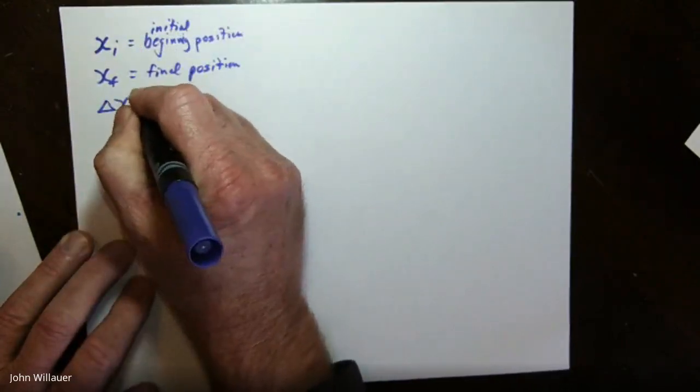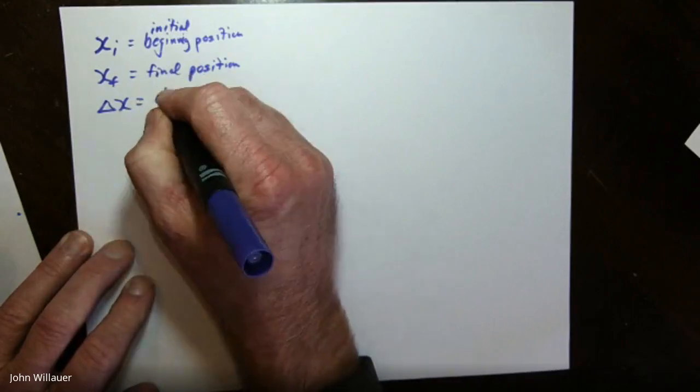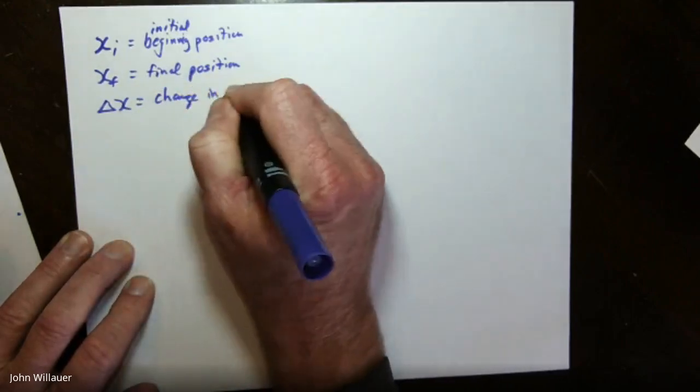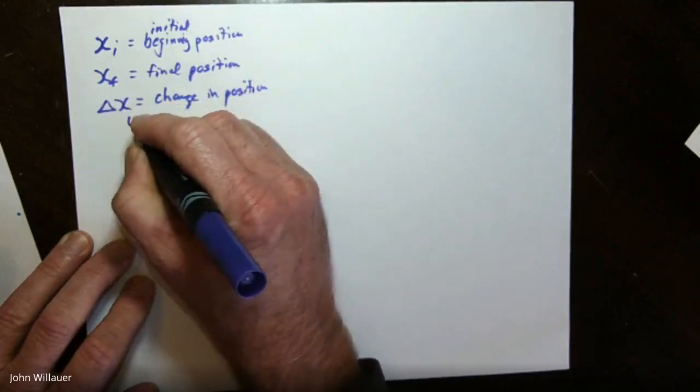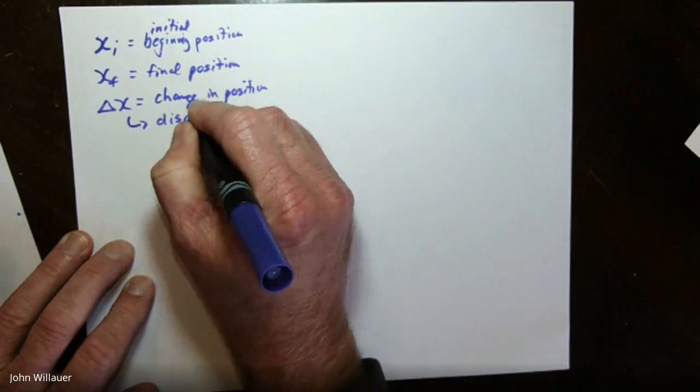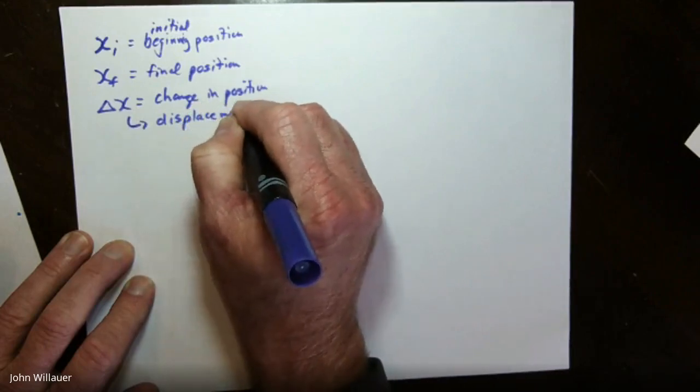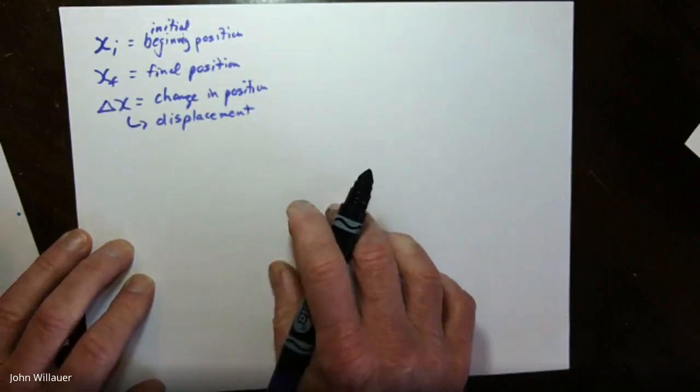Then we had delta x, and that stands for change in position. Another way of saying that, delta x, is the displacement, because a displacement is a change of position.